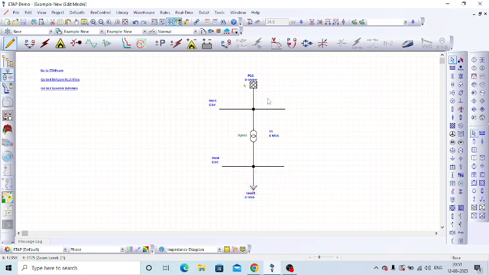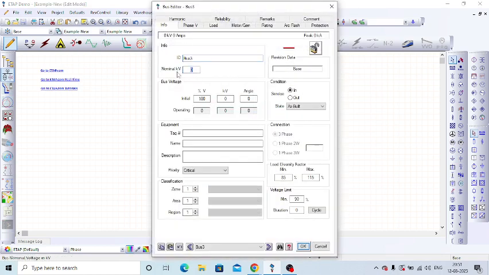I just built the two bus system. I will explain how we can do that.